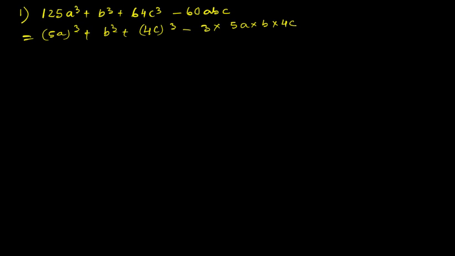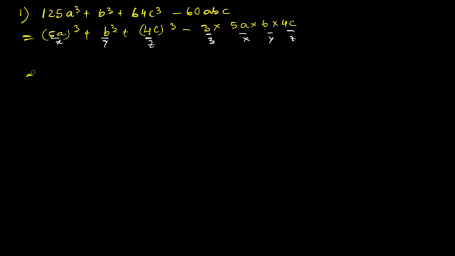So if I consider this is my x, this is my y, and this is my z, then this is 3, this is x, this is y, this is z. So I can say it's x cube plus y cube plus z cube minus 3xyz.